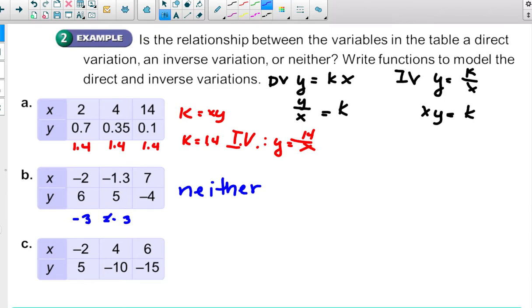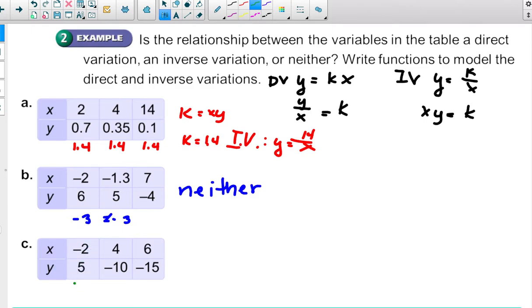All right, the third part: negative 2, 5; 4, negative 10; and 6, negative 15. Multiplying negative 2 times 5 is negative 10, 4 times negative 10 is negative 40, not working. So let's try 5, or the y, divided by x.